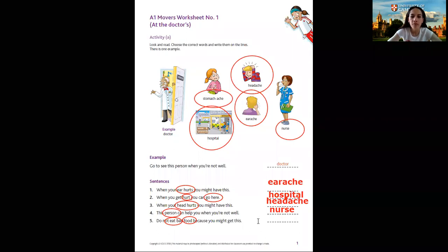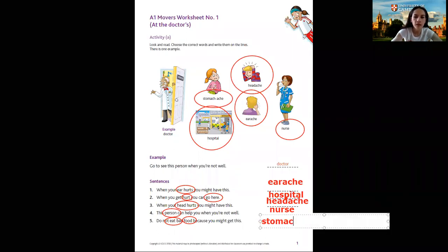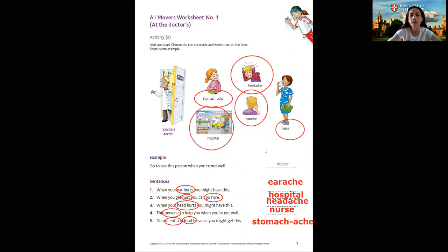So you just copy the word stomachache, okay? And this is how we can solve part 1. First, remember, look at the pictures, read the sentences, and then start finding clue words.